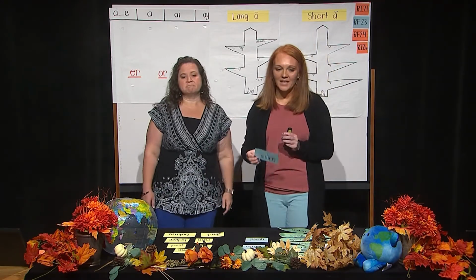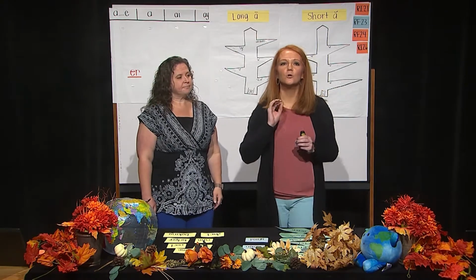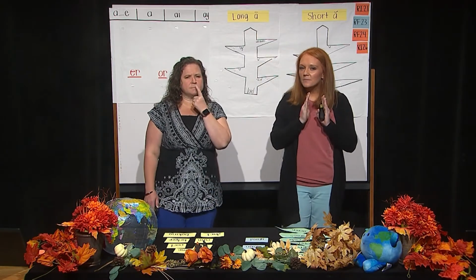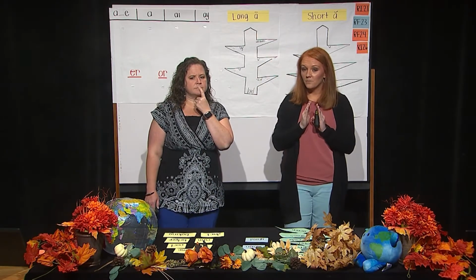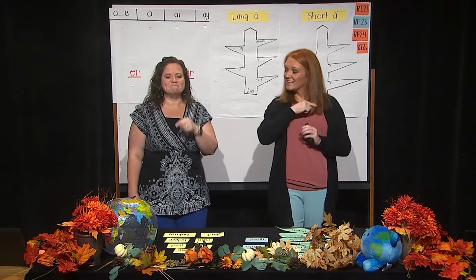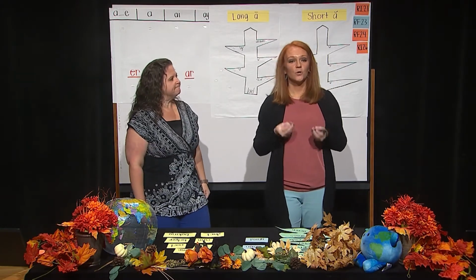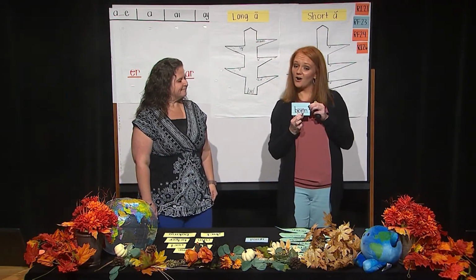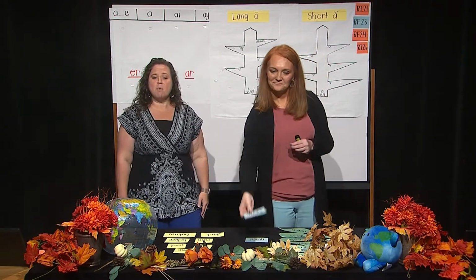That's right. Now listen to this word, born. Say born. What sound do you hear in the middle of that word, born? I heard or. We would spell that sound with an O-R, like this, O-R, for or, born.